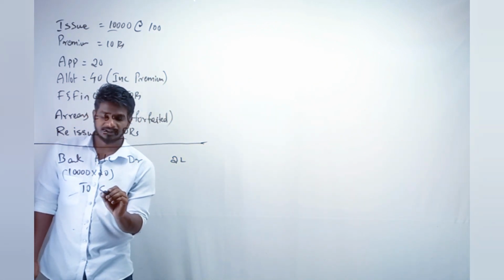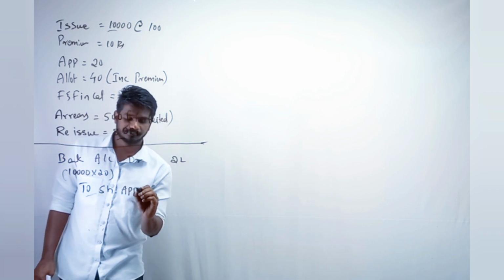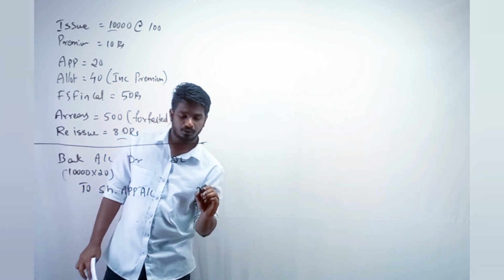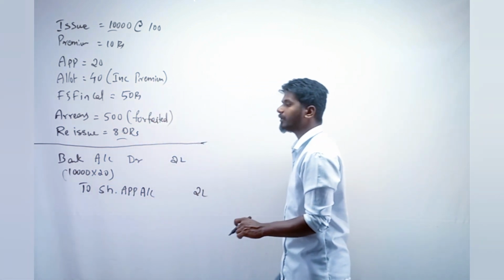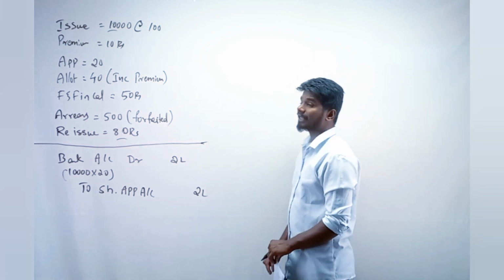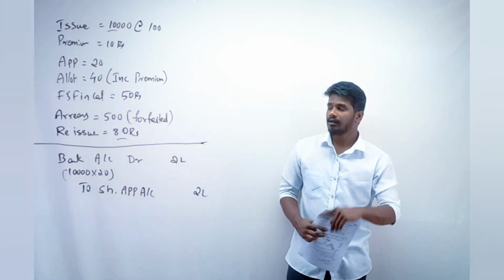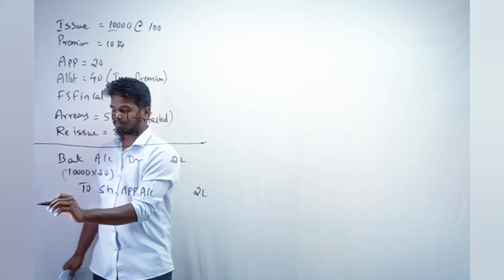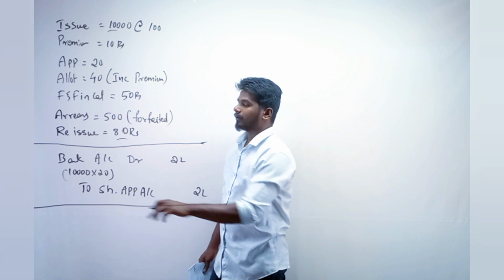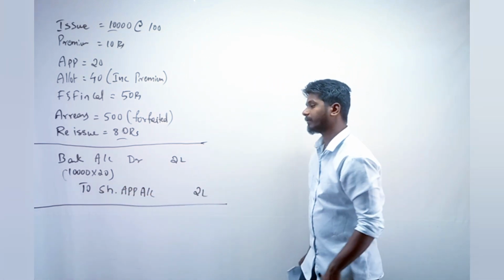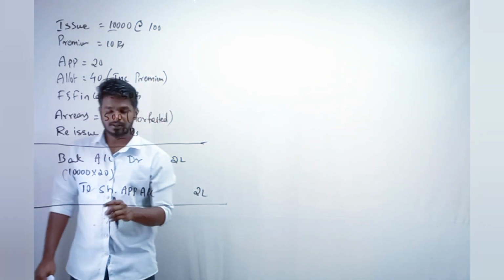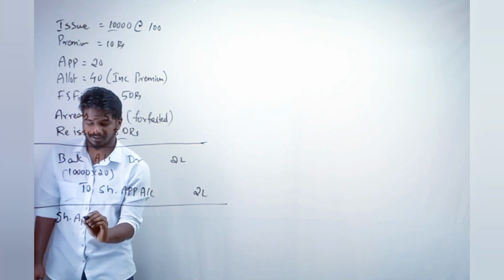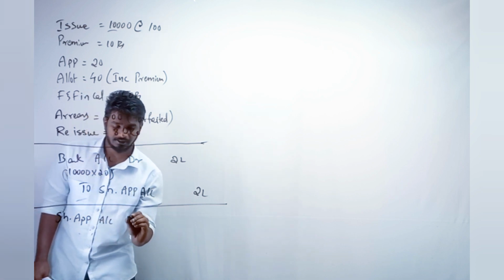Next, what we are receiving on application? To share application money account, which is also fine. So how much? 2 lakh rupees. Narration will be being application money received. Write it down. Being application money received. Next, reverse this entry for the next entry. Share application account debit.